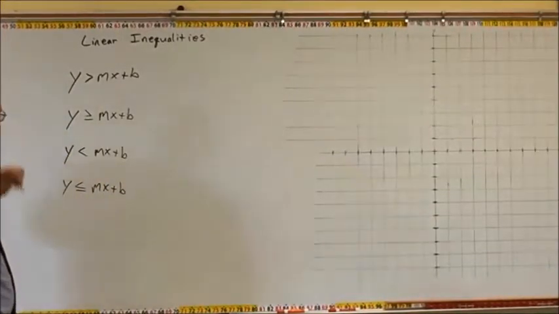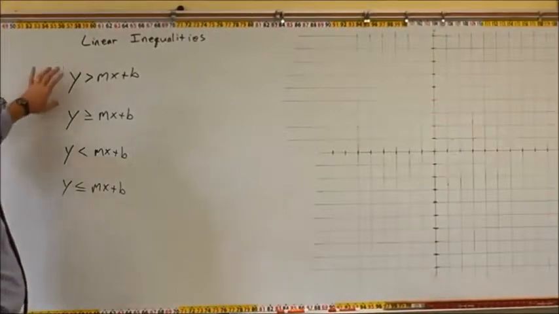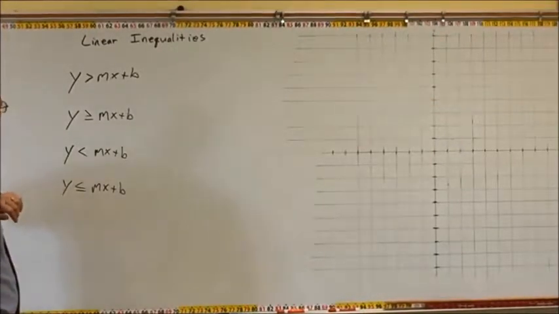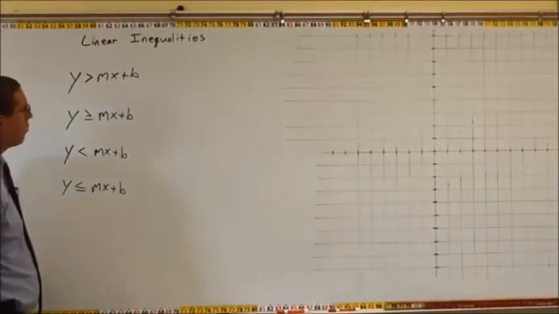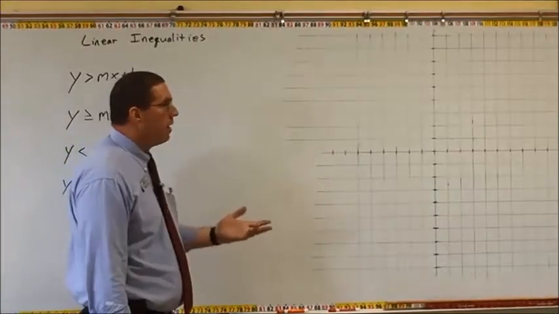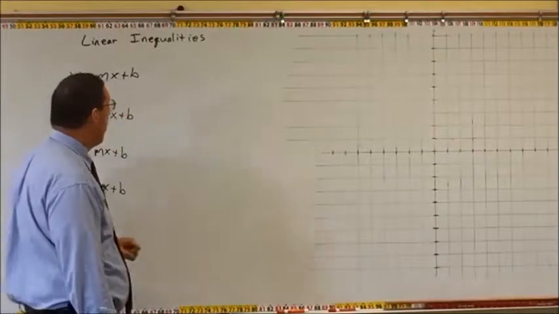So these are the four possible forms of a linear inequality. And what we're going to do is learn very simply how to graph linear inequalities.